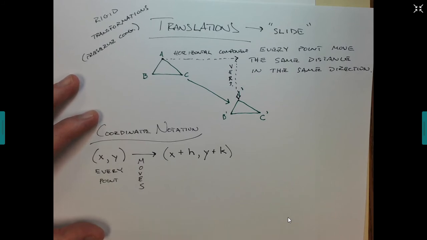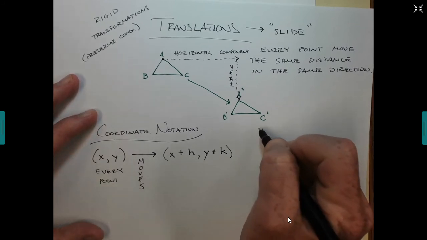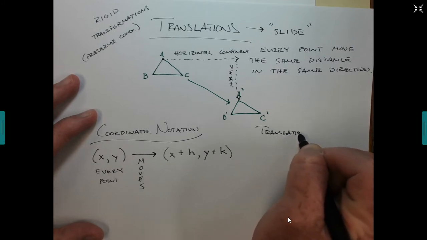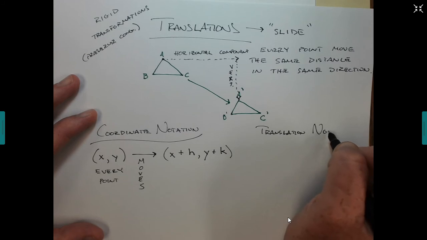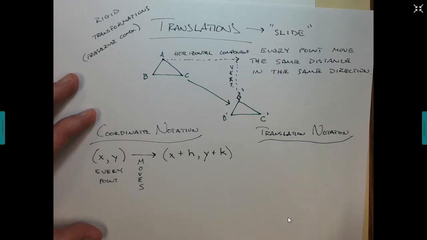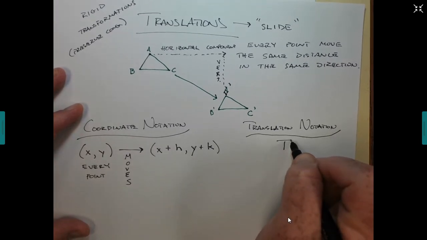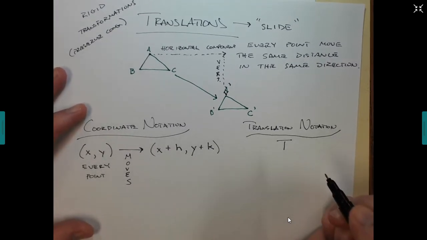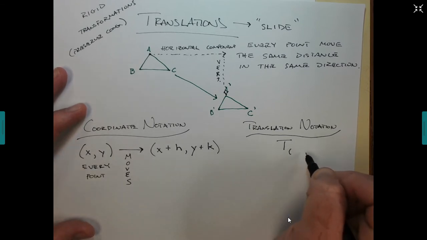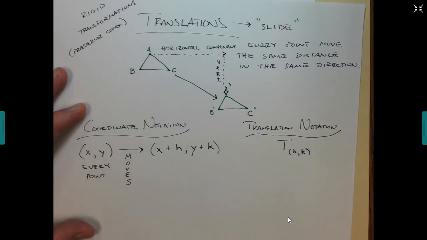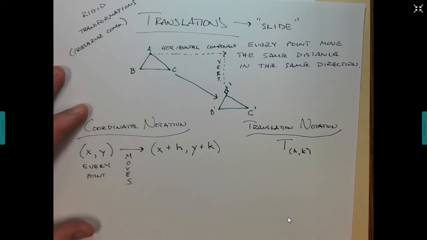This can also be done with what's called translation notation, which is only slightly different. With translation notation, we would just use a capital T, which signifies translation, and then in parentheses, we would write our horizontal and vertical component of movement there.